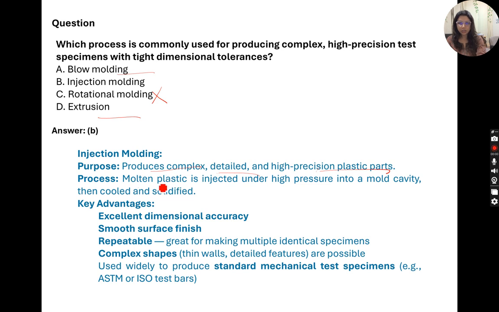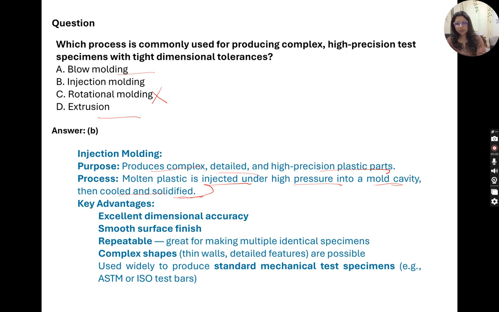The process involves molten plastic injected under high pressure into a mold cavity, then cooled and solidified. That's how the specimen is formed. We also discussed this technique in the last session, so if you want to read more about injection molding or other processes like blow molding and extrusion, you can refer to the last session.